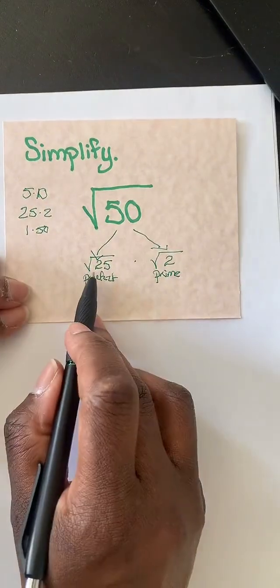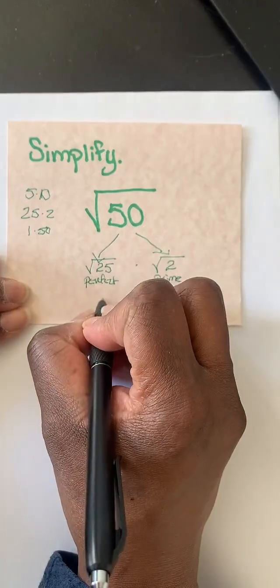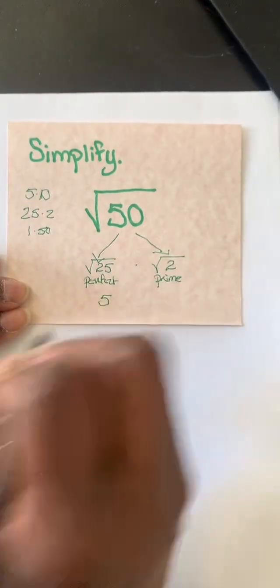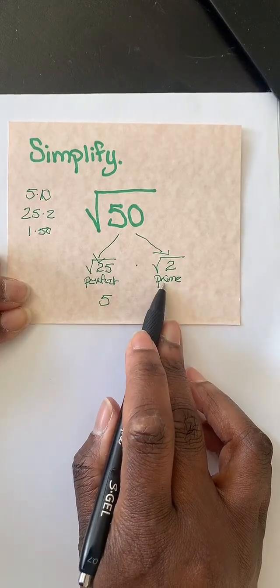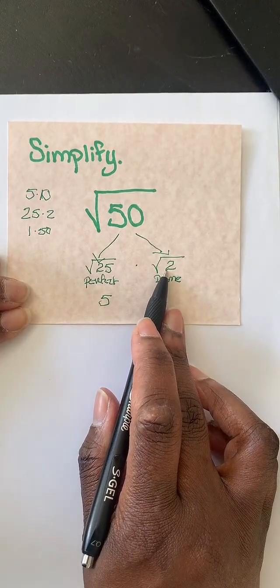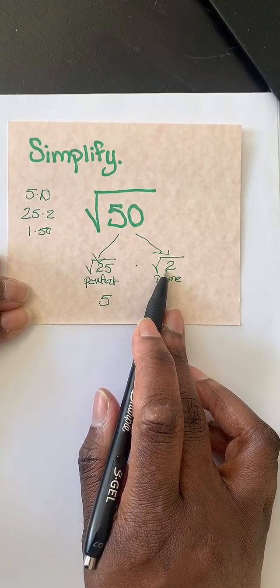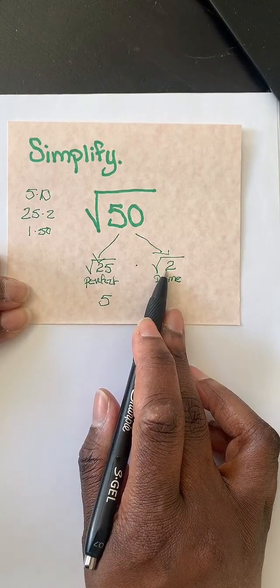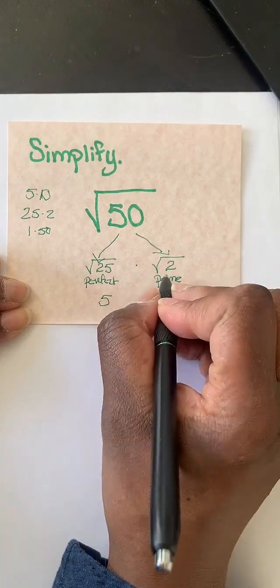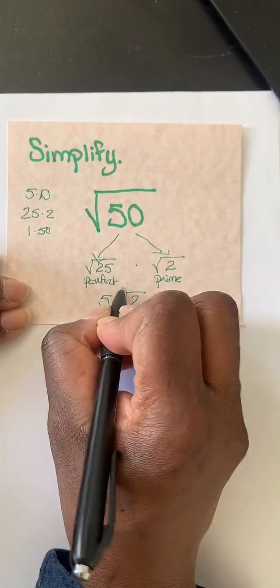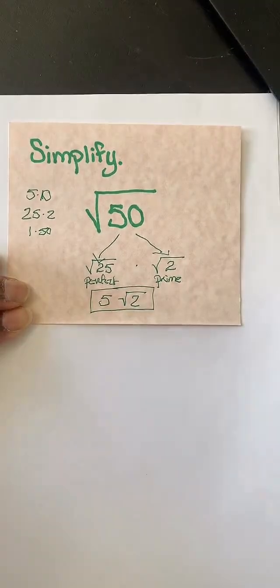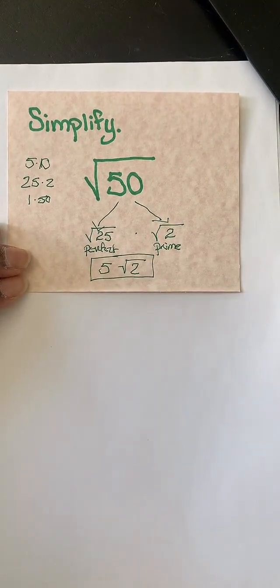That means the square root of 25 is just going to give me an answer of 5. Whereas the square root of 2 is going to be prime, because 2 is a prime number. The only way you can get it as a product is to multiply 1 and 2. Since I can't break it down, I simply bring it down. So my answer will be 5 square root of 2.